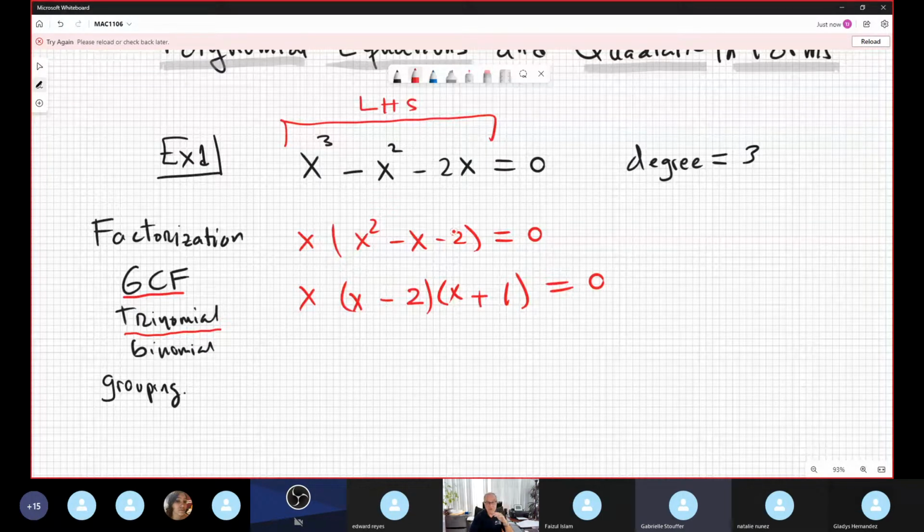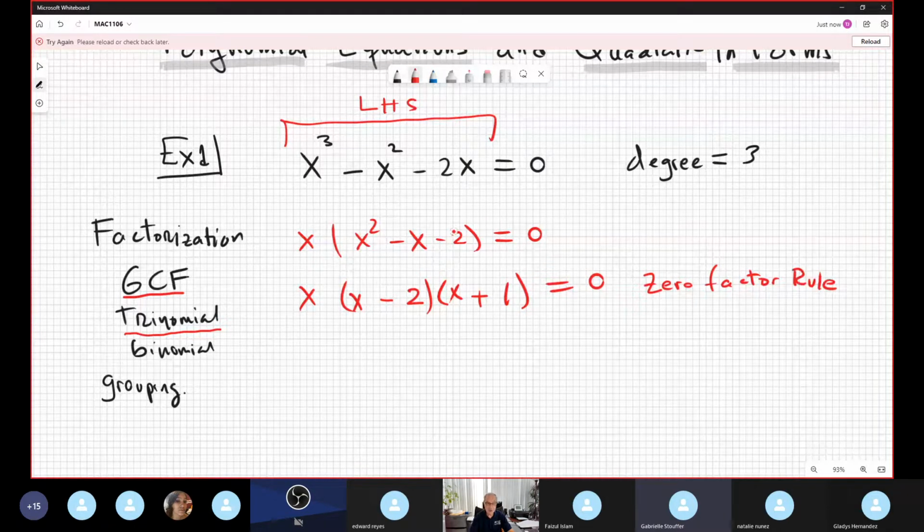When you factor completely the left-hand side, and the right-hand side is 0, it's important: you separate each factor into a linear equation. Apply the zero factor rule. What does the zero factor rule say?